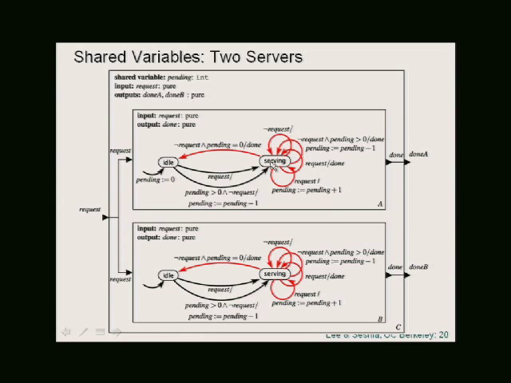If you get another request, you might just issue a done signal corresponding to finishing the current request. That's one possibility. Or if there are no requests, you can just stay in that state. Or if there are no requests and you have another pending job to be done, then you're going to stay in the serving state and service that pending job, which is modeled by decrementing the pending count. Okay.